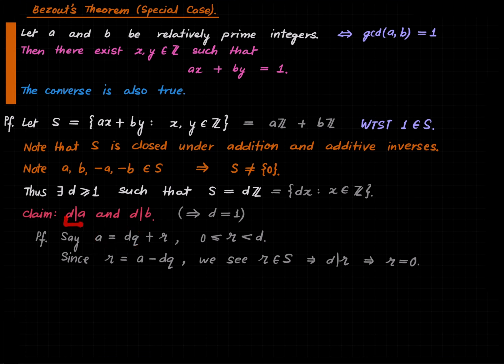Because once we show that D divides A, we similarly show that D divides B by precisely the same reasoning, and that, as we said, implies D is equal to 1, and that proves this theorem, which is a special case of Bezout's theorem. Okay, so it's a very short proof.